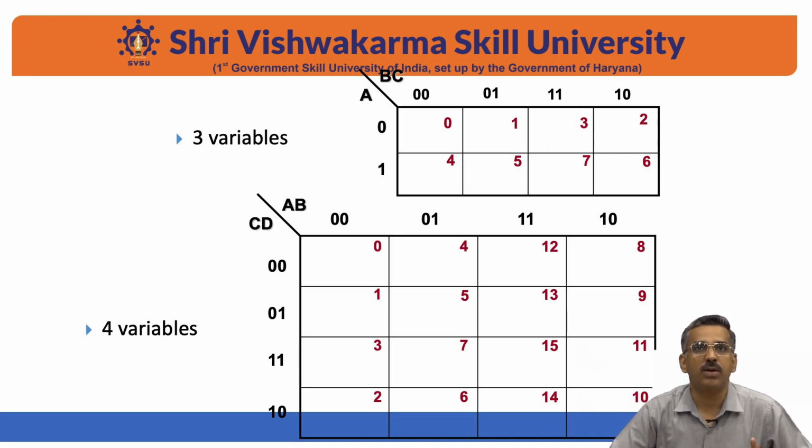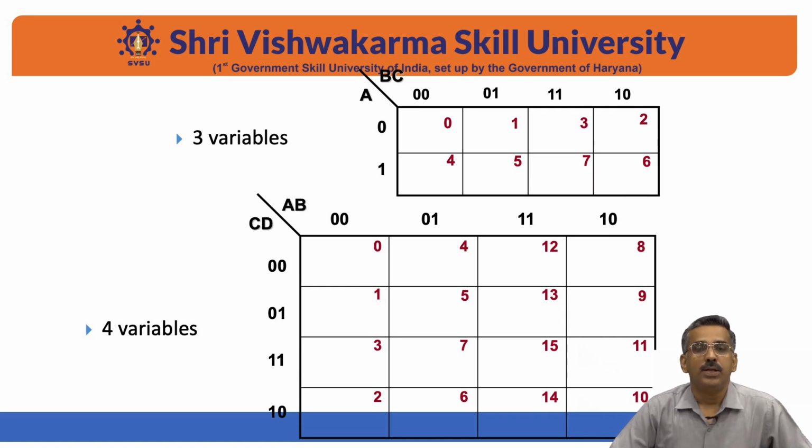In this case, one variable is toward the y-axis, that is A, which is equal to 0 or 1, while the other two variables B and C are toward the x-axis, with BC equal to 00, 01, 11 and 10. By this arrangement of the cells, the K-map table can be pictorially given like this.